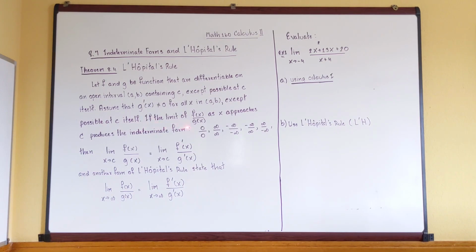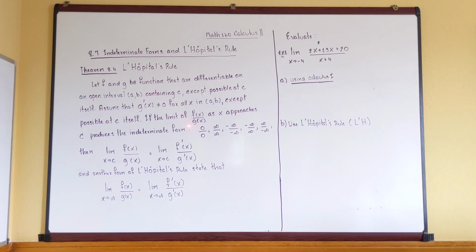If the limit of f of x over g of x as x approaches c produces the indeterminate form 0 over 0 or infinity over infinity, then the theorem says you can take a derivative of the numerator separate from the denominator.